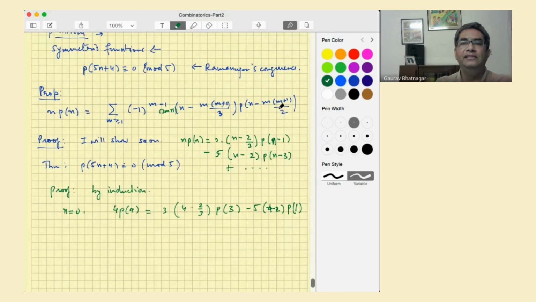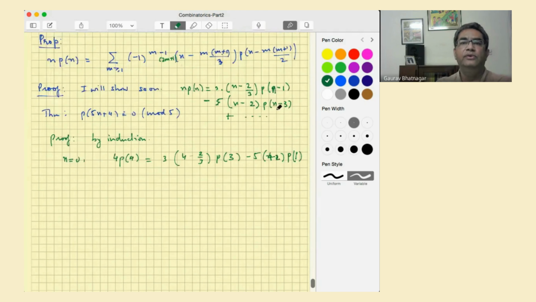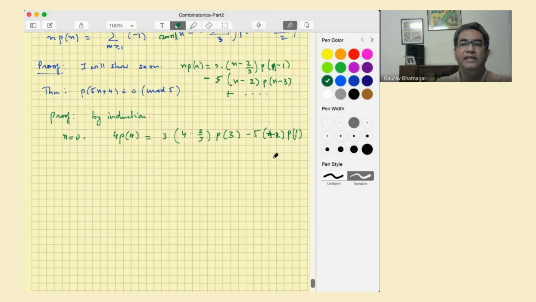And then the rest of the terms will be 0. For m equal to 3, I'll get 3 into 2, that's 6, so n minus 6 will be bigger than this, and in this term the rest will be 0.